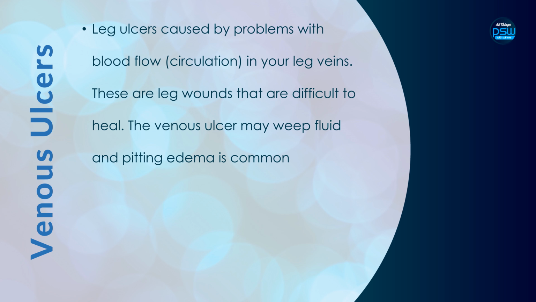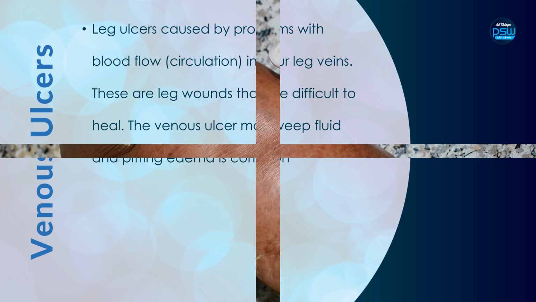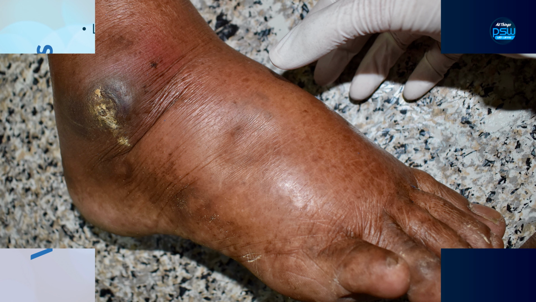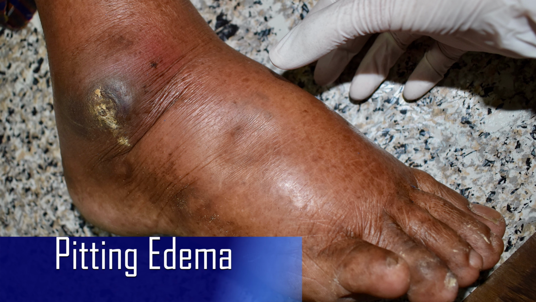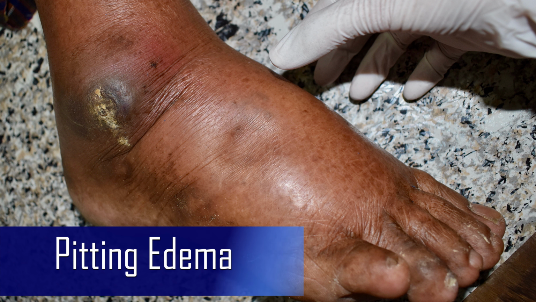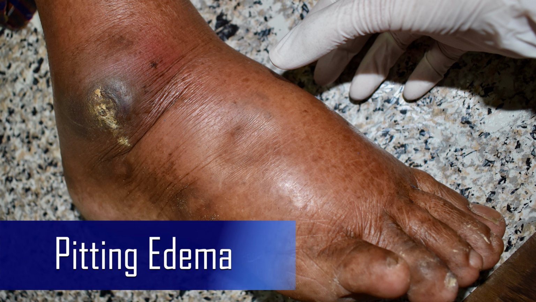Now these are very difficult to heal. And sometimes it's so bad to a point where they may weep fluid. What does weep fluid mean? It just means you'll see fluid literally oozing out of the legs. And then, of course, you can see pitting edema, which we said edema is a collection of excess fluid in the body tissue. But pitting means if I put my finger in that area, it'll take a long time for the skin to rise back up.